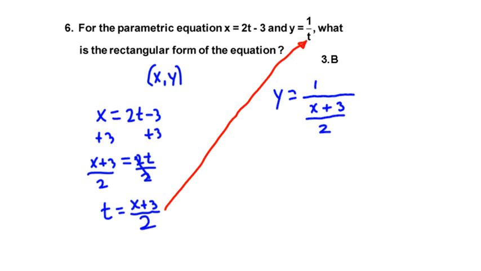You might remember back from your 7th grade math that dividing by a fraction is the same as multiplying by a reciprocal. So instead of dividing 1 by x plus 3 over 2, we can multiply 1 by 2 over x plus 3. And when we perform that operation, we get y equals 2 over x plus 3.